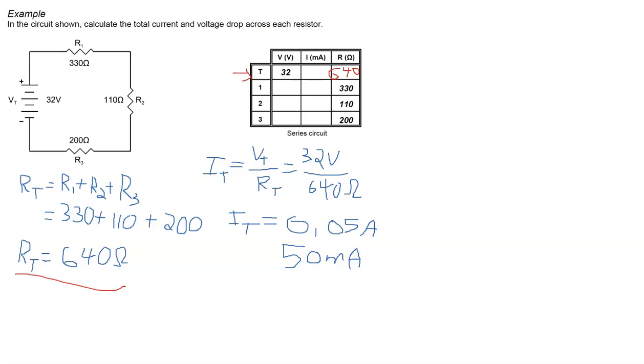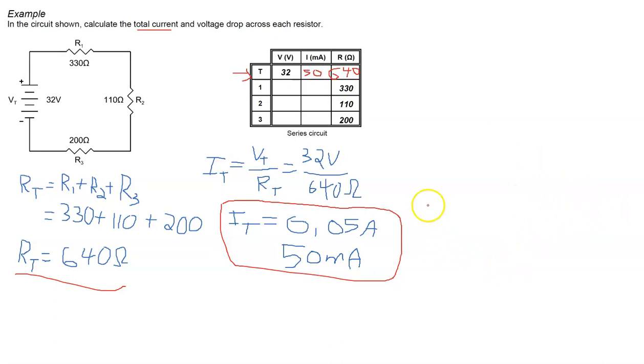The reality is that you're going to want 0.05 for your calculator to do the rest of the calculations anyway. But that's the first part of the question, and so remember, concentrate on answering the question. So the current then is 50 milliamps.